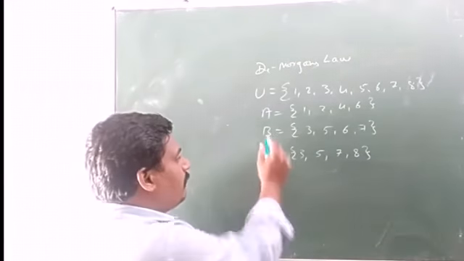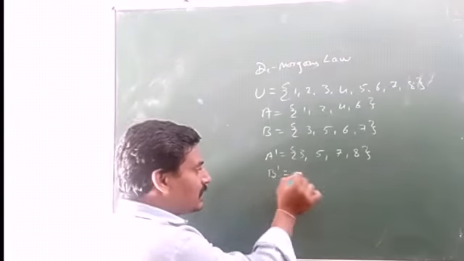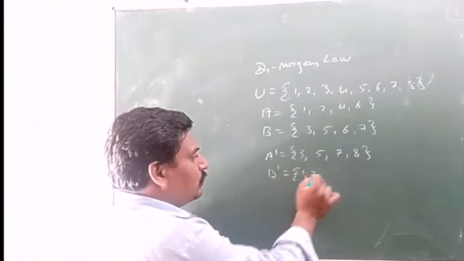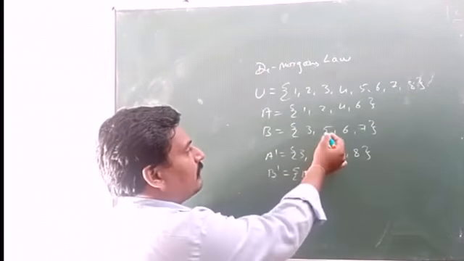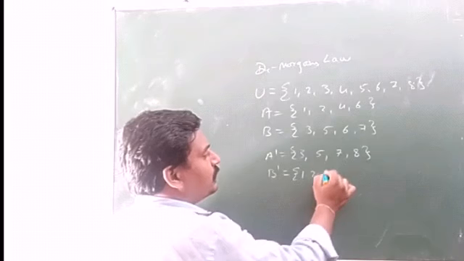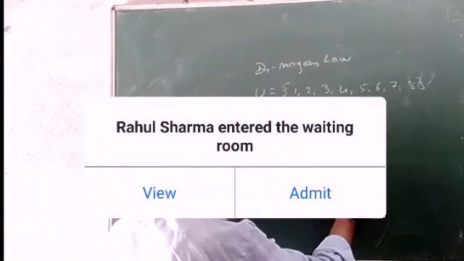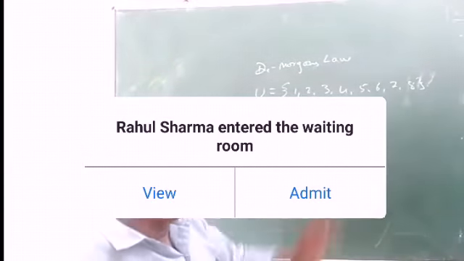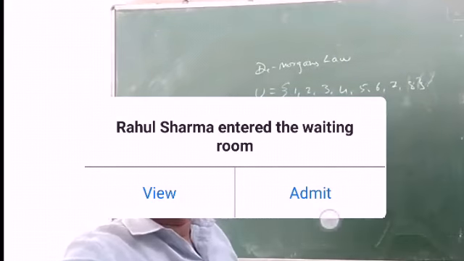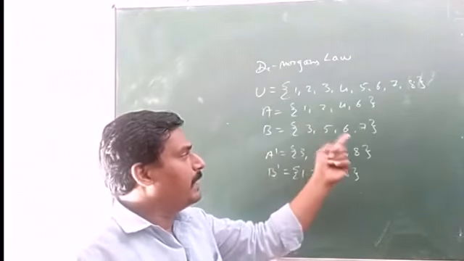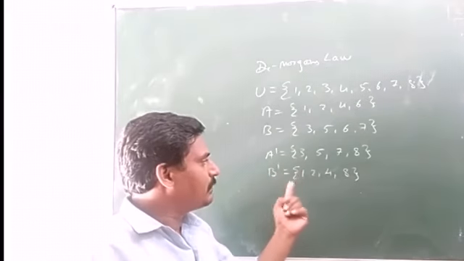Now B dash is equal to, 1, 2 are not there in B, so 1, 2, then 5 is there, 6 is there, 4 is not there, 4, 7 is there, 8 is not there. So B dash is 1, 2, 4, 8. A dash, B dash.